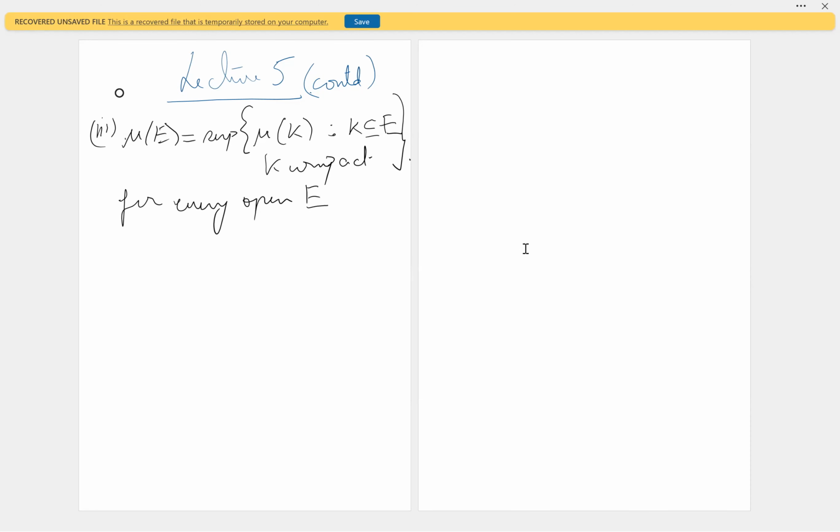It's not completely, but you'll see. And for every compact K in M, mu(K) is finite. And this last condition you should recognize.